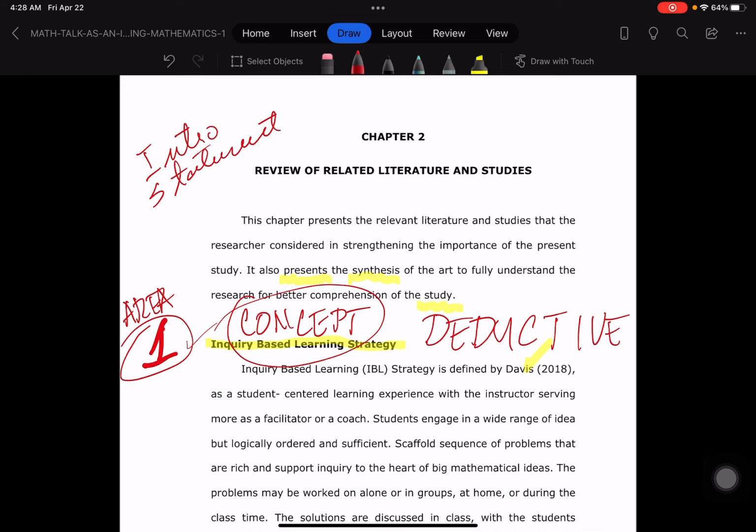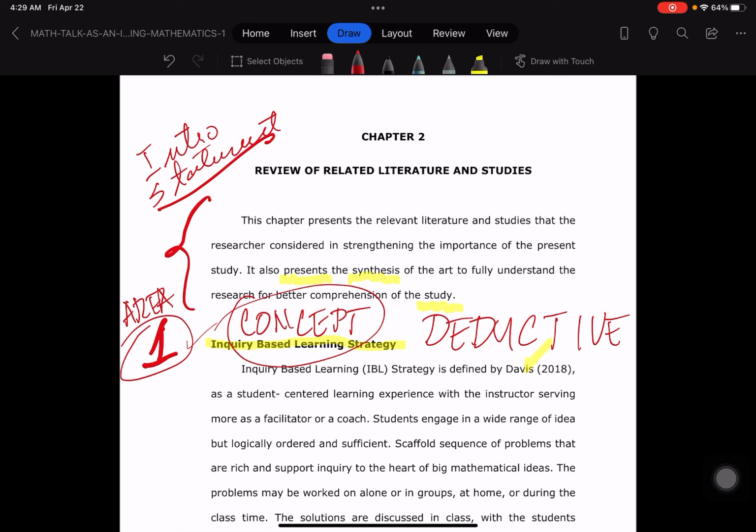The first part is the introductory statement, setting the expectation of the reader, what they will read preceding this particular statement. So this chapter presents relevant literature and studies that the researcher considered in reinforcing the importance of the present study. So again, this is just a brief presentation of what is expected in the preceding part of your research.